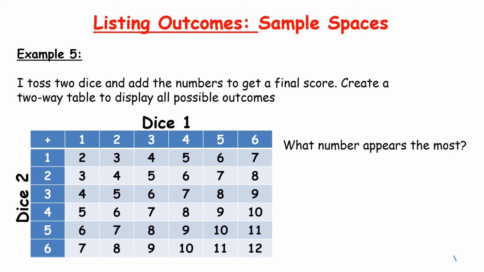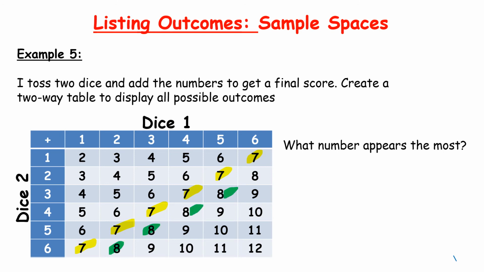What number appears the most? So actually, if you take a look at our table, there's some lovely patterns in here. So you'll see that we have 7, 7, 7, 7, 7, 7. So 7 is probably the one that appears the most.